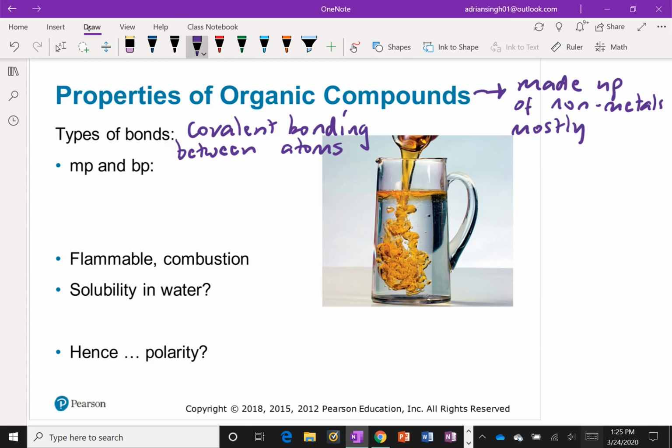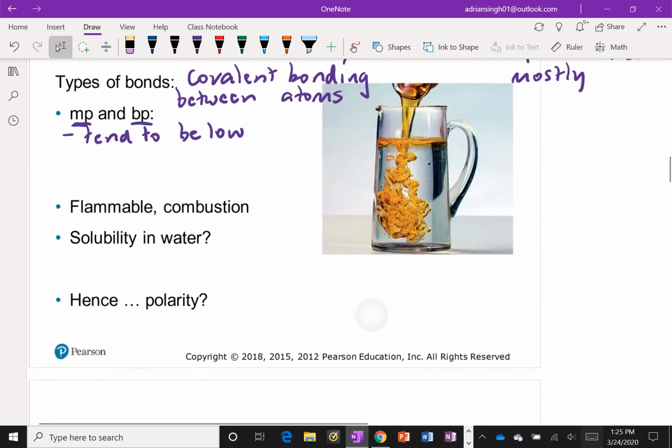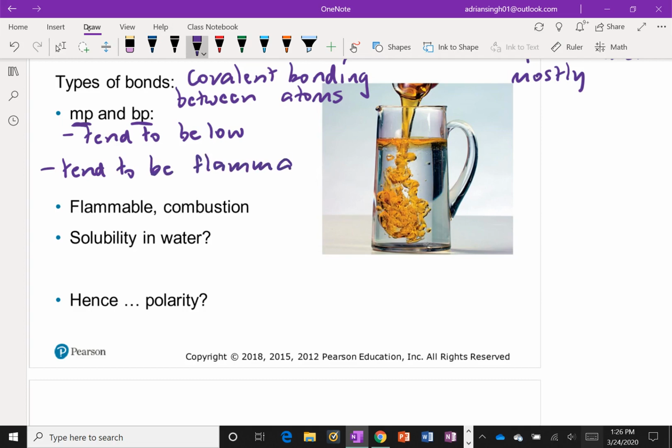In terms of the melting points and boiling points, these tend to be low. These organic compounds tend to undergo combustion. They tend to be flammable, and they undergo combustion reactions readily.